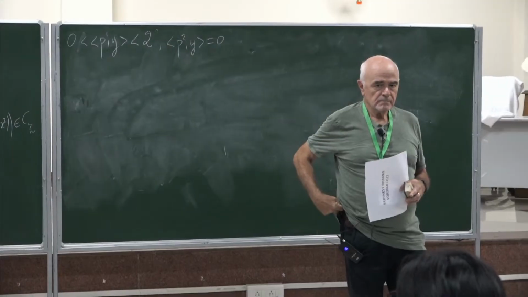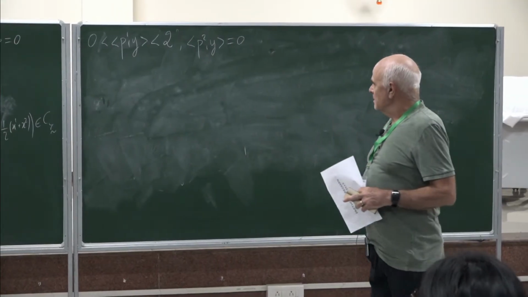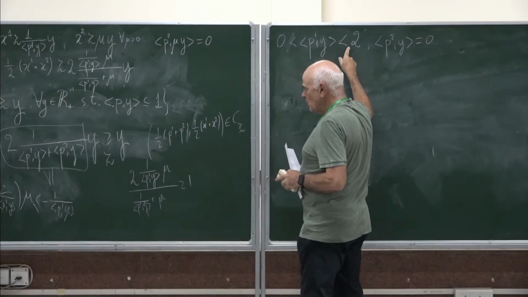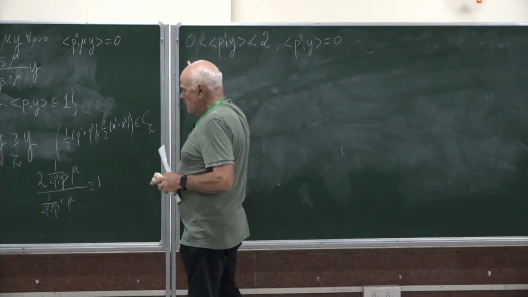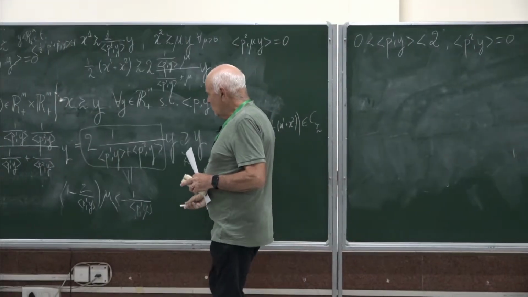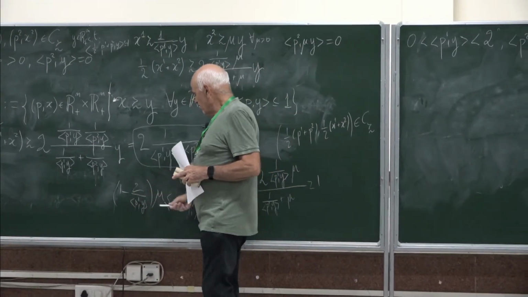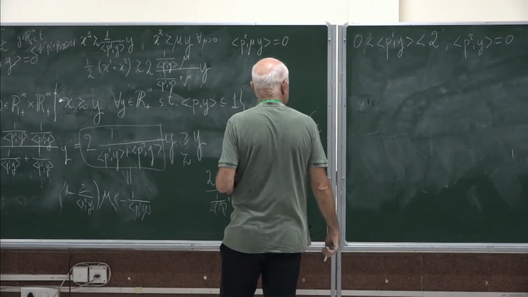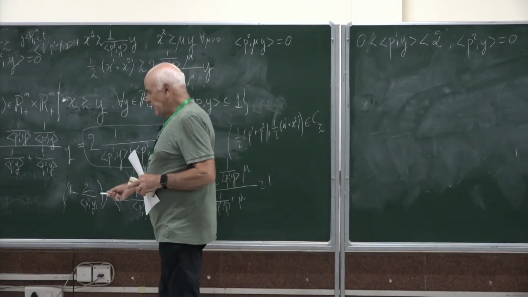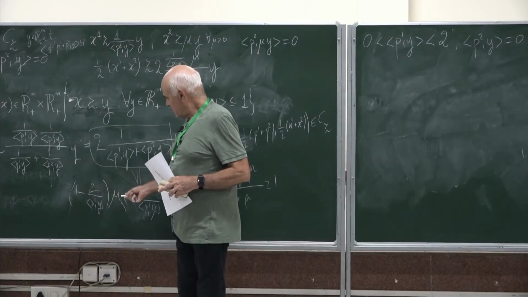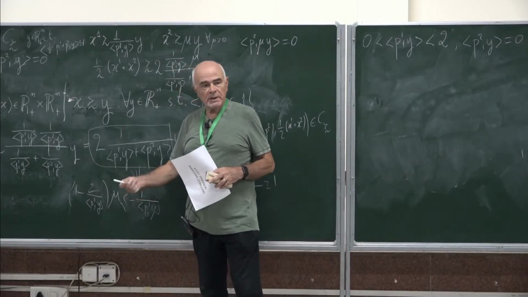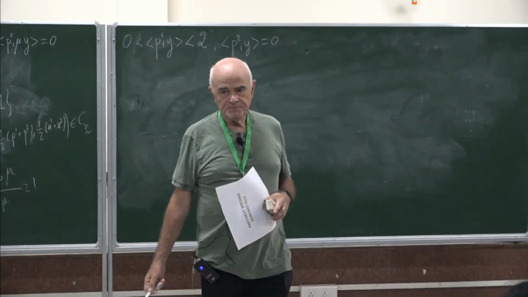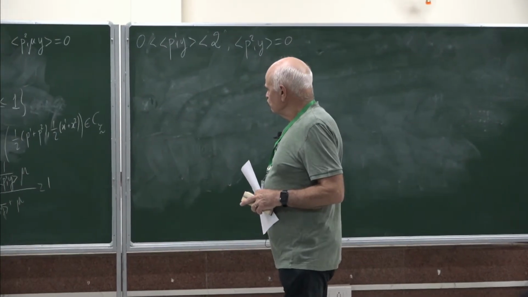Okay? Later we will consider the case when this is equal to 2. Then when we come here, this is strictly negative, so we can solve for mu and we get a mu positive that does the job. And that's it.